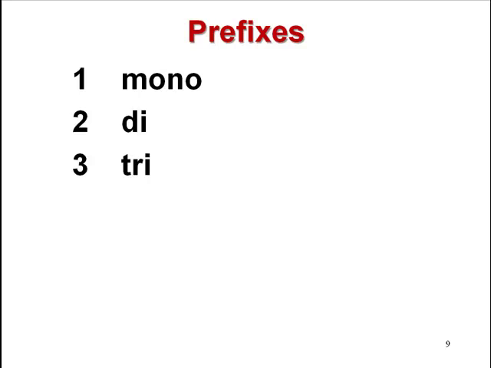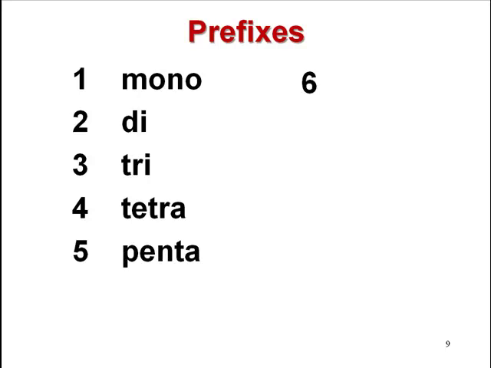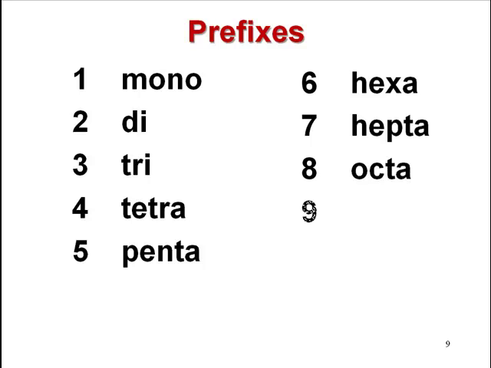Fourth one is a weird one called tetra. It is the one that's kind of different, but it's the basis of much of chemistry. Fifth one is penta, like the shape. Sixth one is hexa, and then you got hepta, octa, nona, and deca.